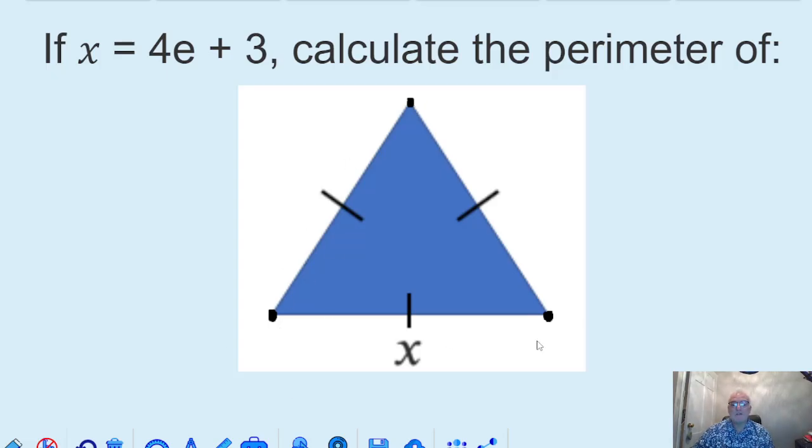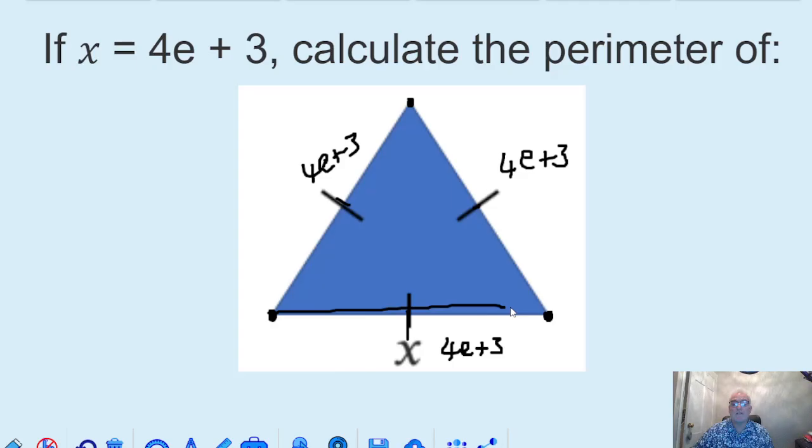So if I know that this side here equals 4 lots of e plus 3, and we can see by the little lines that all three sides are the same. So I know that this side is 4e plus 3 and this side is 4e plus 3, so they're all the same. And we want to know, if one side equals that, calculate the perimeter.